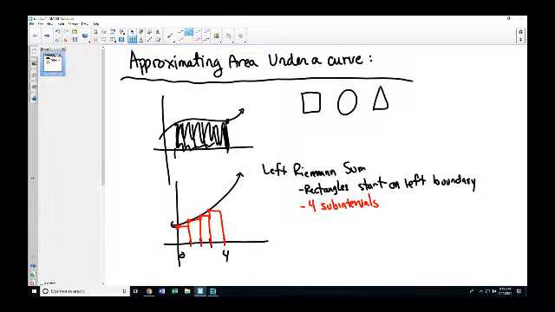Are there always as many subintervals as calculated numbers? No, I could do 2 subintervals. Are more subintervals more accurate? Probably. Yes, the more rectangles you have, the more accurate it gets.